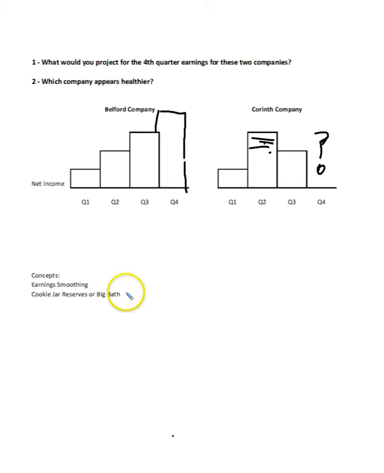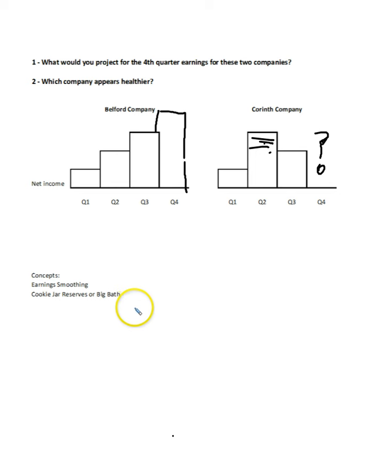The other concept I want to talk about real briefly, and it's in your textbook, is this idea of cookie jar reserves or a big bath. Cookie jar reserves or a big bath is when maybe a company has a bad year and they will overindulge in that bad year. In other words, they'll make expenses and liabilities look worse than they even are. So they exaggerate the expenses because they know profits are down anyhow, so let's just make it look really down.